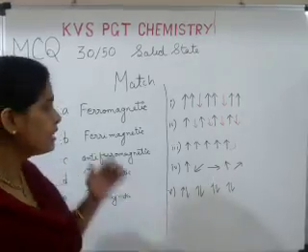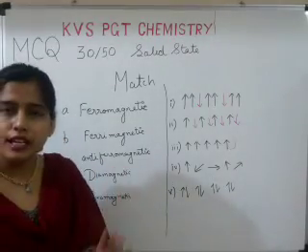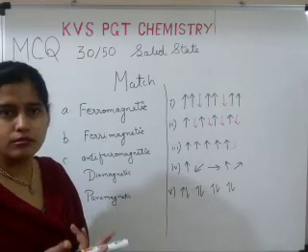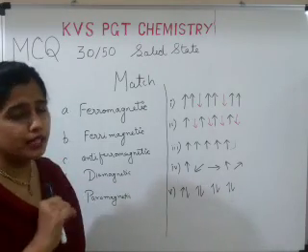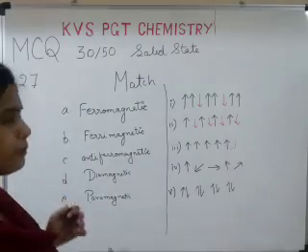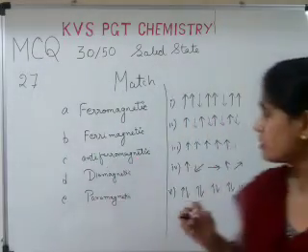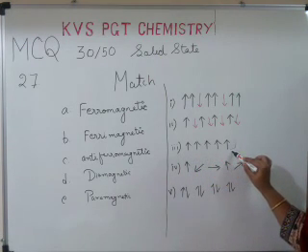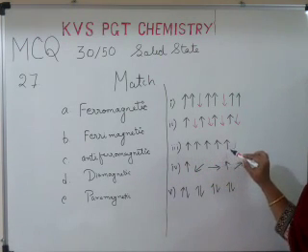field. Right? They align themselves. They align their domains of the magnetic moment in the direction of the applied magnetic field. So let us check. See, in the option number C, यहाँ पे जितने भी magnetic moment हैं, they are in the same direction, right?